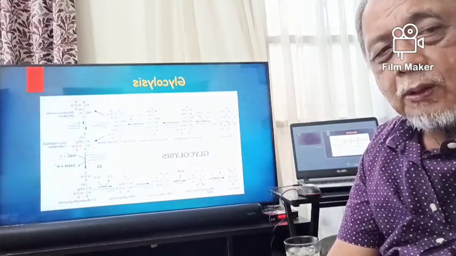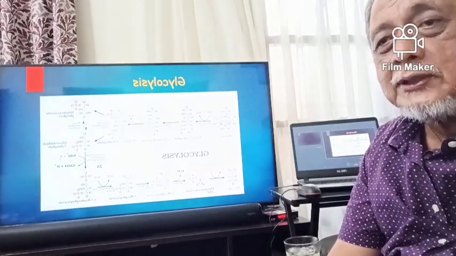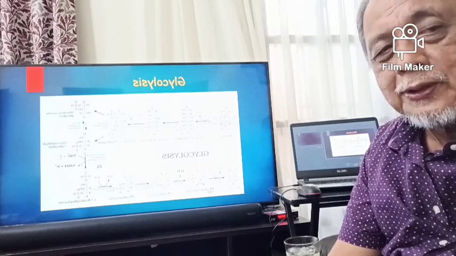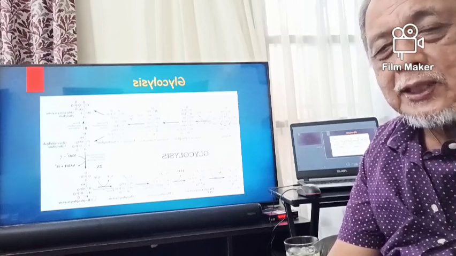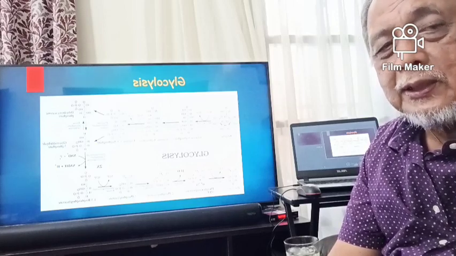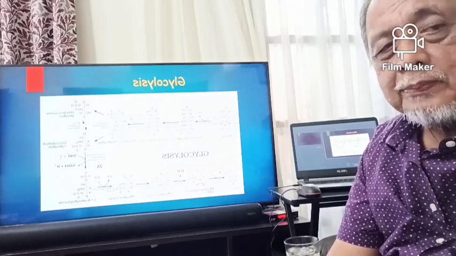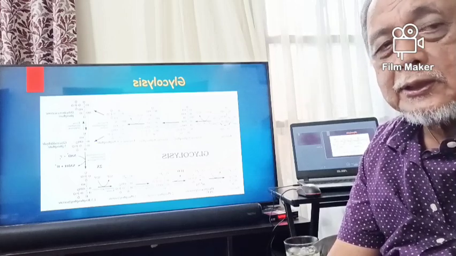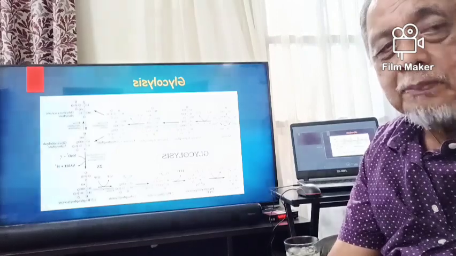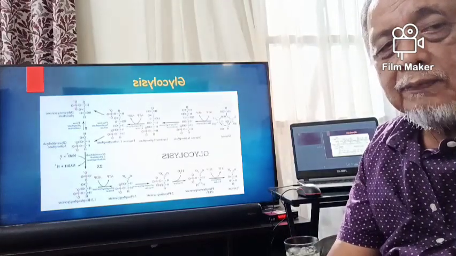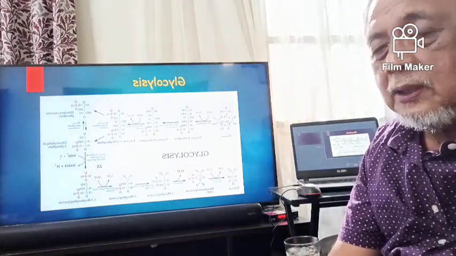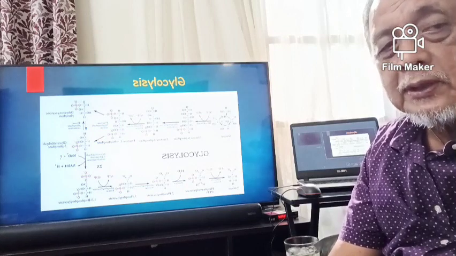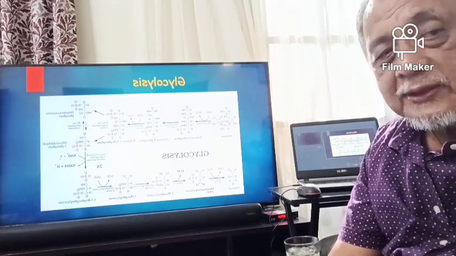Fat will only be stored if there is extra carbohydrate in your diet, and these carbohydrates that are absorbed in the gut then increase the level of blood sugar, and eventually this sugar, particularly glucose, is stored as either glycogen or fats.